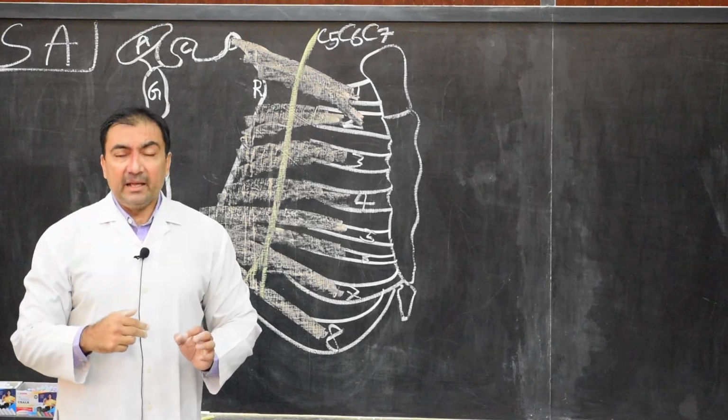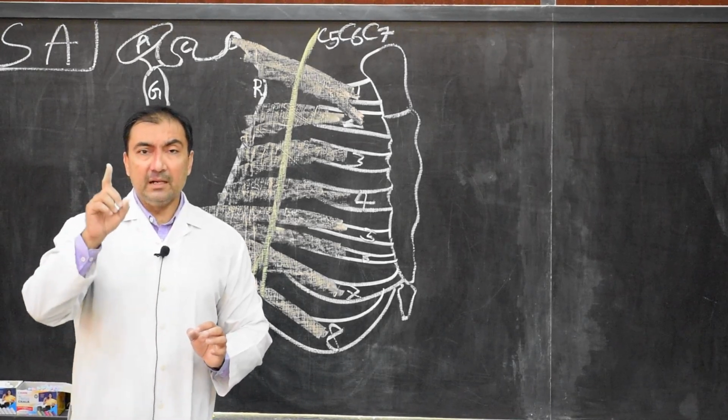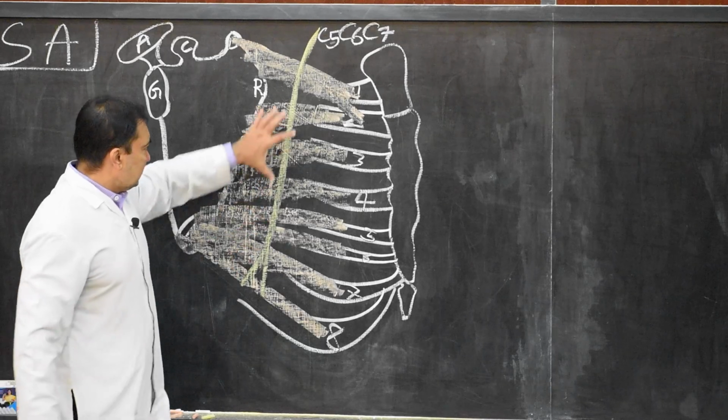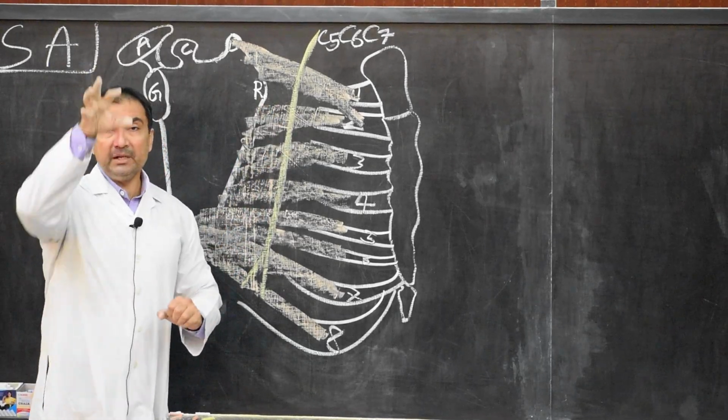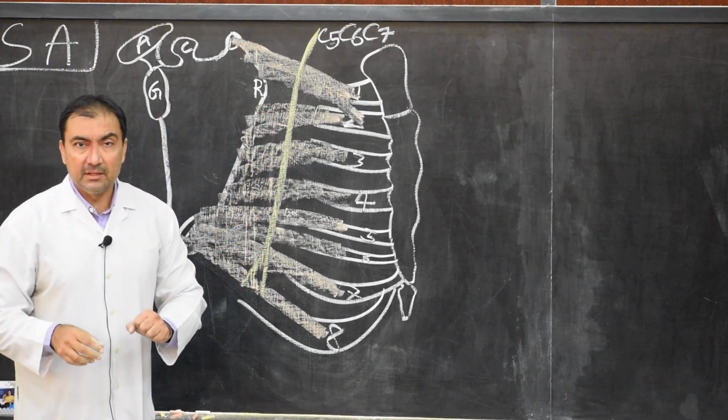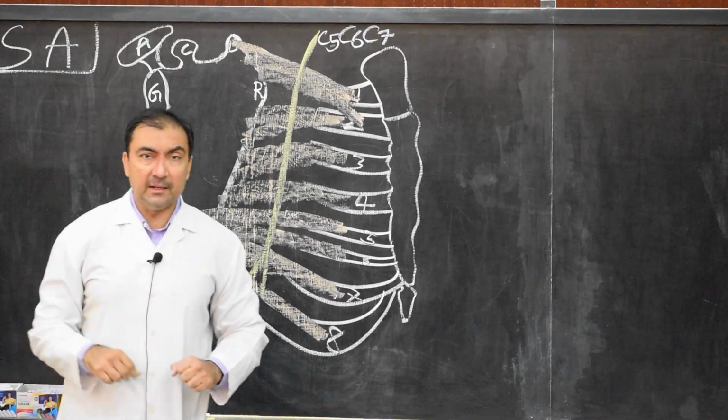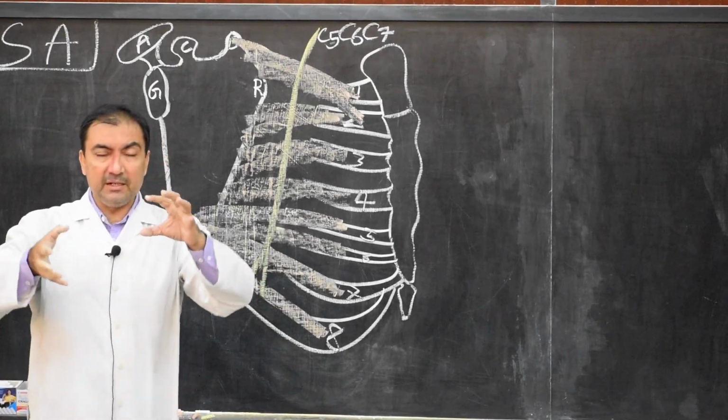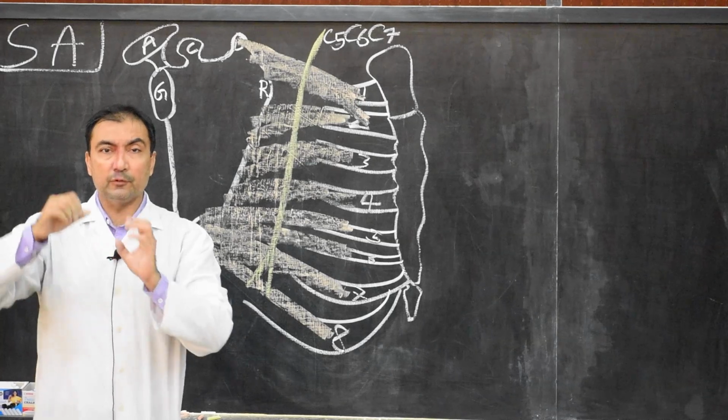The second action of serratus anterior: along with the upper and lower fibers of trapezius, during abduction of the arm it helps in rotation of the glenoid cavity upwards and forwards.